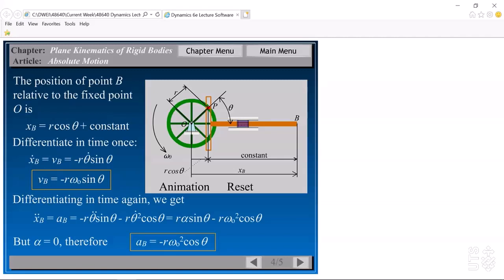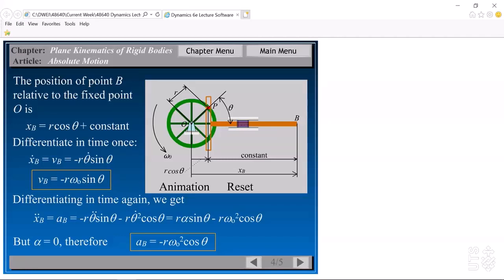We can establish the relationship between the position of point B on the yoke and theta.